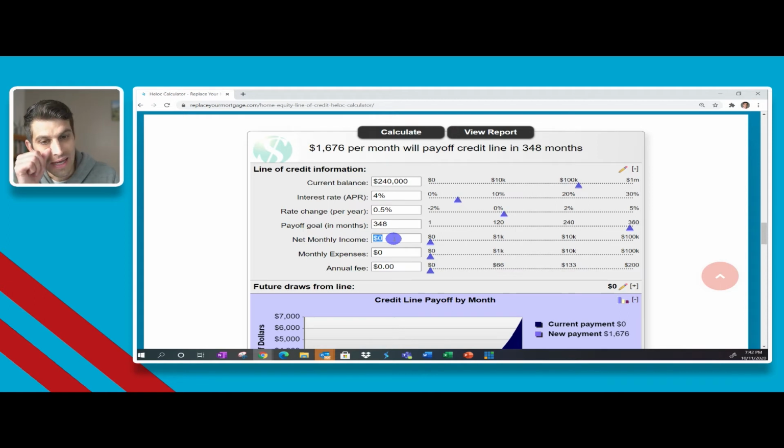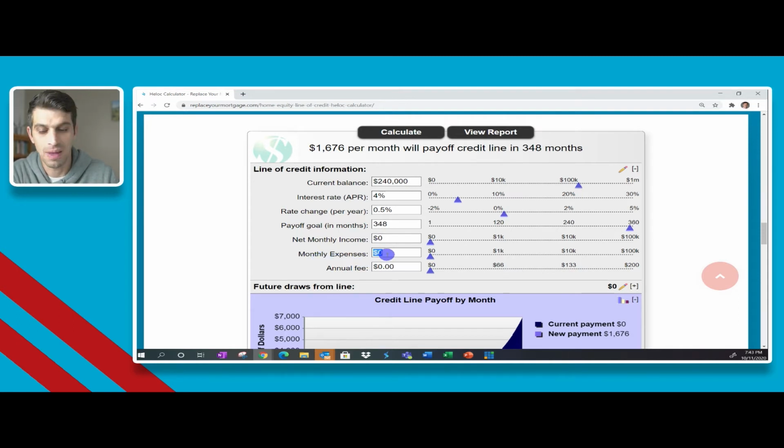Your net monthly income and your net monthly expenses. On the monthly expenses, and we'll start here, this is all of your expenses excluding, and this is the key, not including your mortgage payment. It still does need to include your taxes, and it still does need to include your home insurance, but it does not and should not include your current mortgage payment.